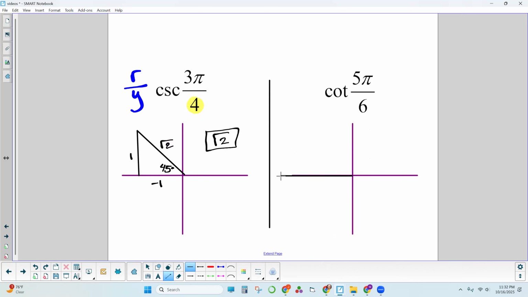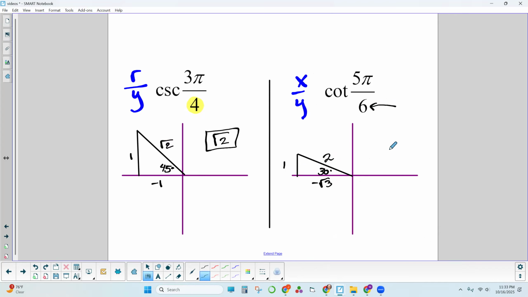This is pi, this is 6 pi over 6, so 5 pi over 6 is about right there. Draw your triangle. Again, the 6 tells me my reference angle is 30 degrees. Across from 30 is 1, across from 60 is negative square root of 3, and r is 2. Cotangent is x over y. X over y is negative square root of 3.